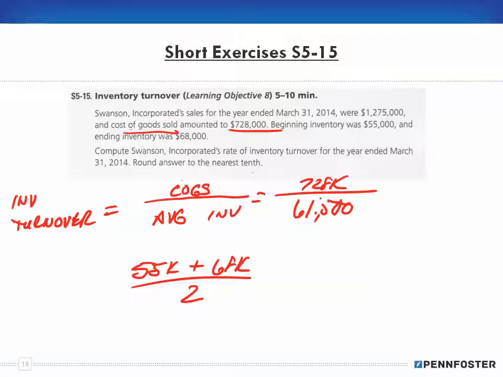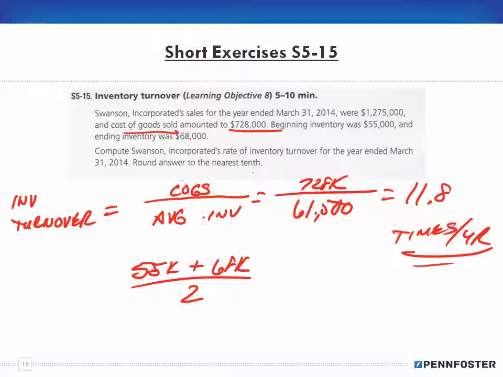Okay, so we take 728 divided by 61,500, and the inventory turnover is 11.8 times per year. Okay, right, so that's it for that problem. Easy. This here again, and yeah, plug and play.